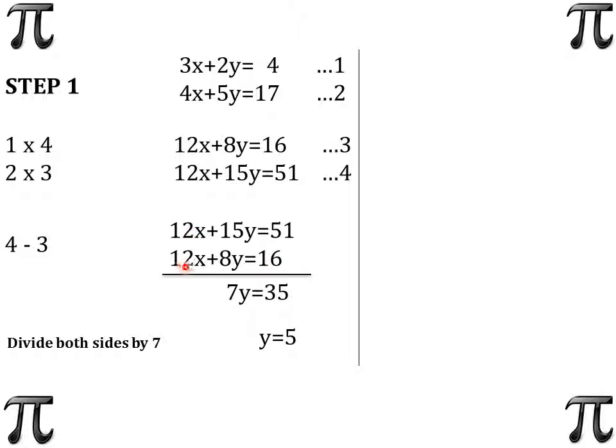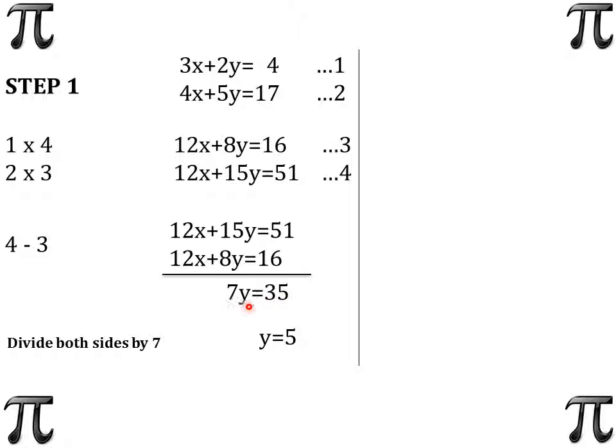So 12x take away 12x is nothing. 15y take away 8y is 7y. And 51 take away 16 is equal to 35.